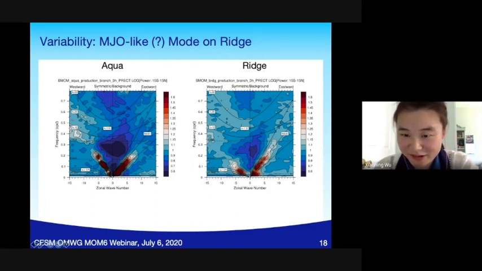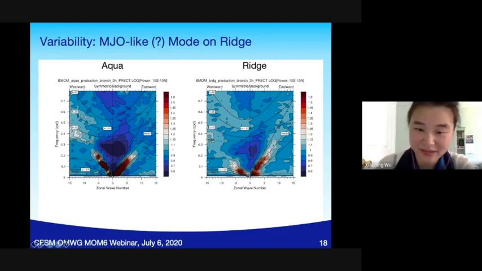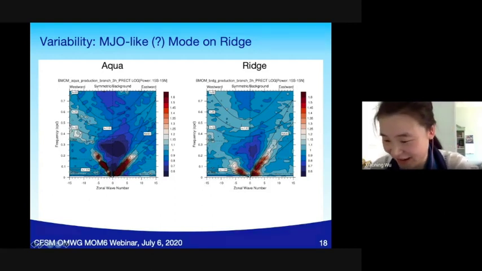And the MJO is this one right here, which distinguishes itself from the Kelvin waves, and that's something unique to Ridge that we don't see so much on Aqua. So that's another curious aspect.